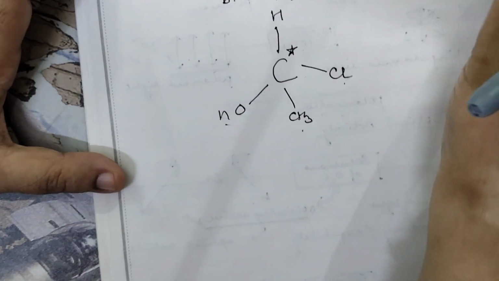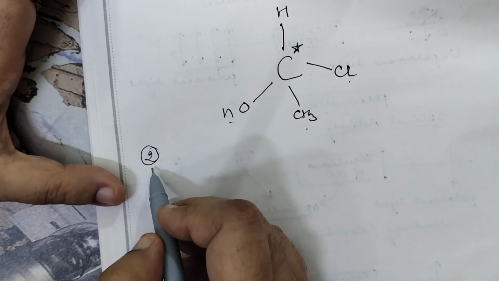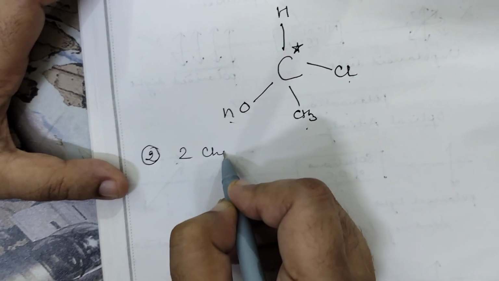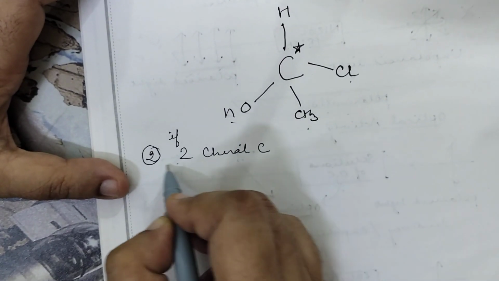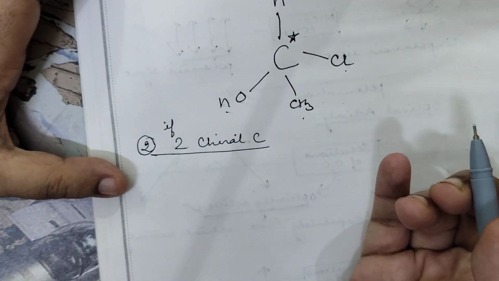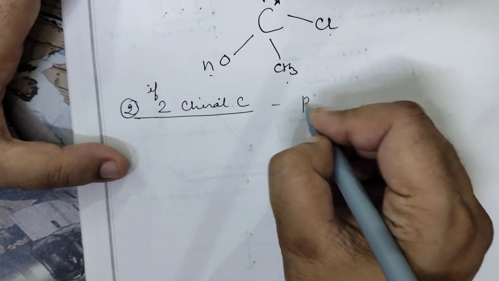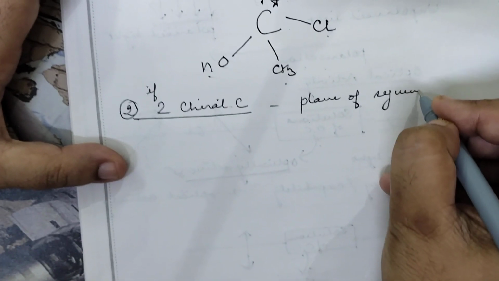This is the first condition. And the second condition applies if there are 2 chiral carbons. I said at least one, so there can be 2 also. If there are 2 chiral carbons, then the plane of symmetry should be absent.